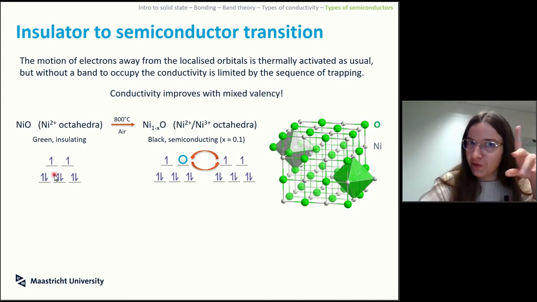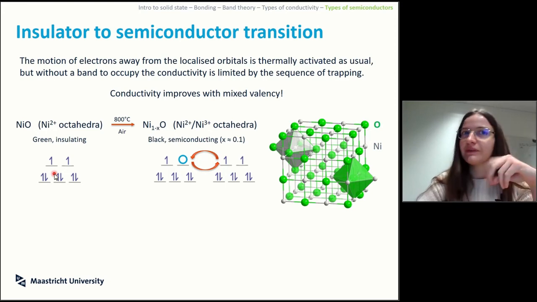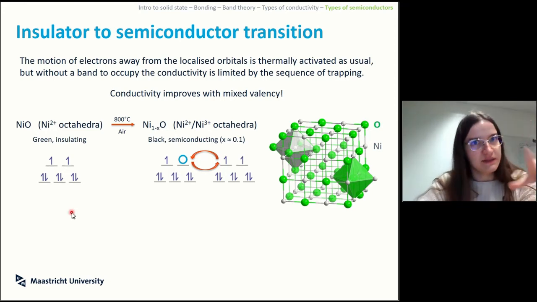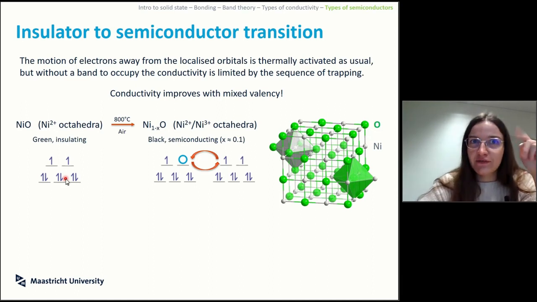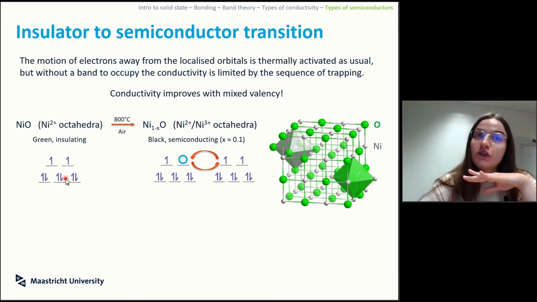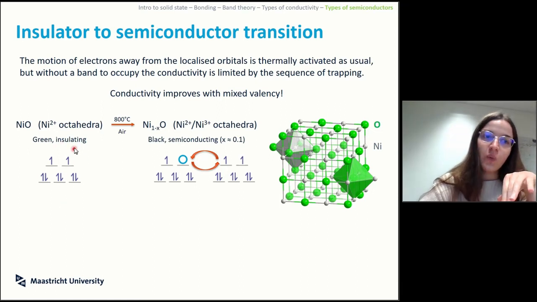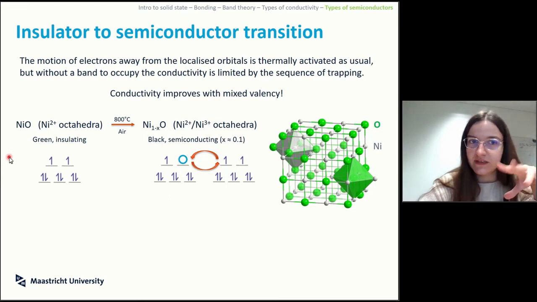Because you can also use the energy of photons to jump the gap, which we're going to discuss in the next lecture. So you look at it, it's green, but in itself it is insulating. It does not conduct electricity. You cannot bridge the gap to be able to move between the states.